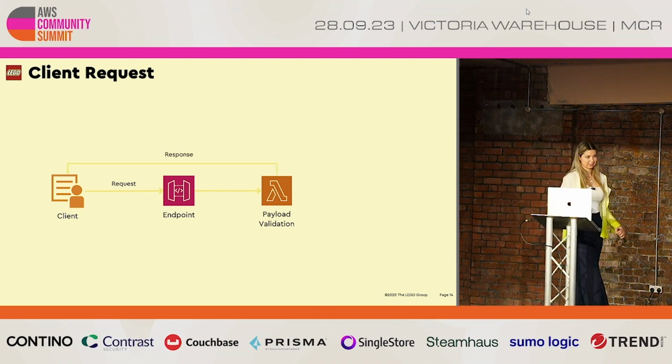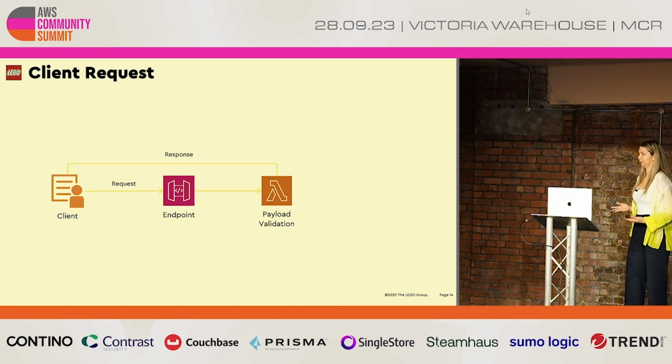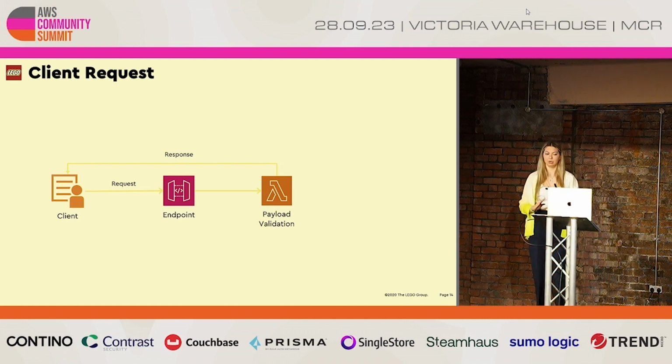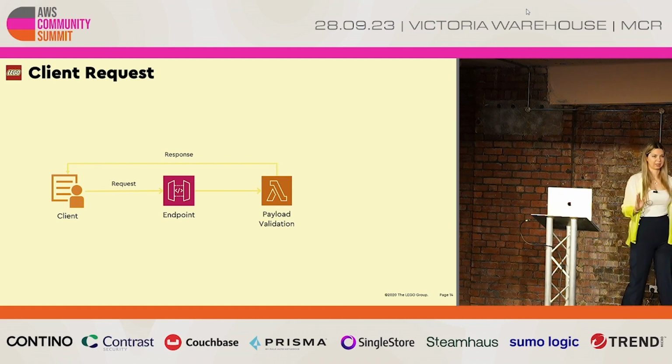That lambda then sends a response back to the client saying, this has been validated or there's something wrong with it, but this will be an async response. So just because the lambda said something back to the client does not mean that everything's done now.